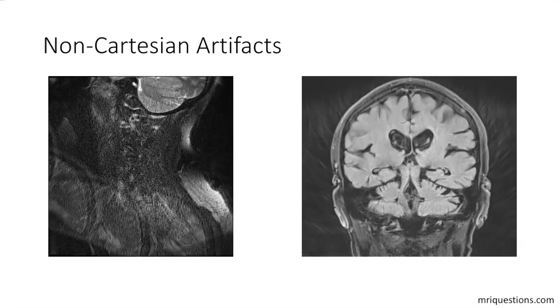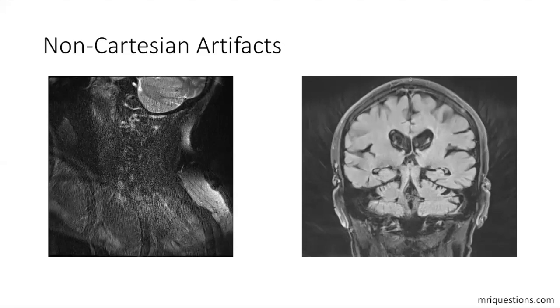And in terms of the artifacts you get with spiral, you can get some blurring, and you get these diffuse artifacts where you can see streaks, depending on how many radial views you use in order to acquire full K-space.